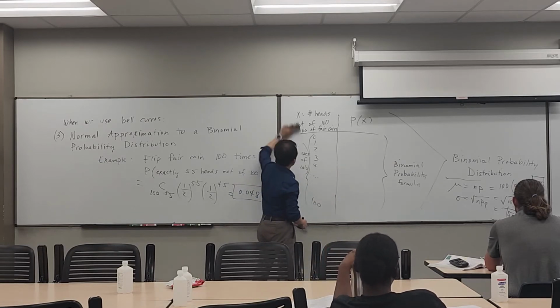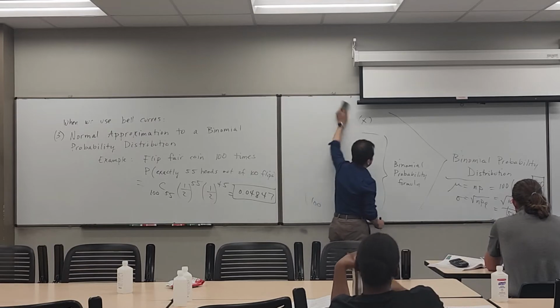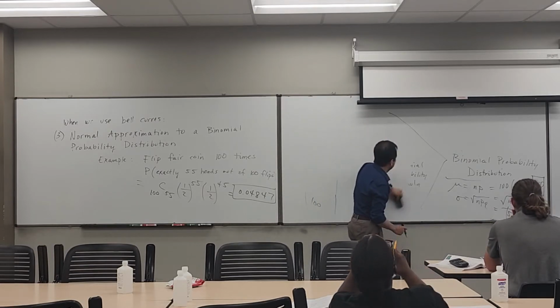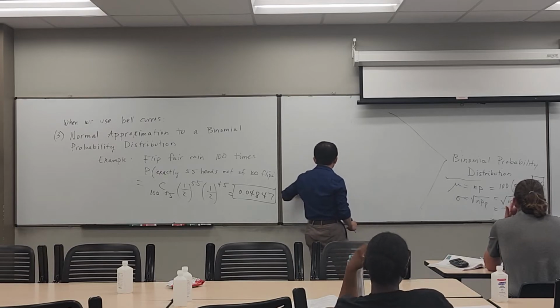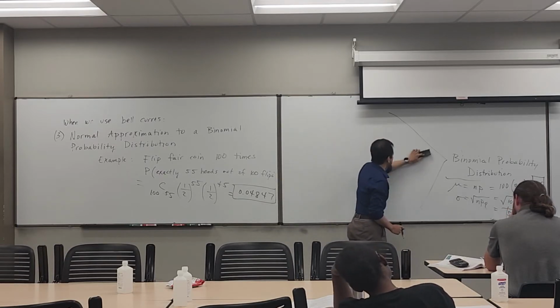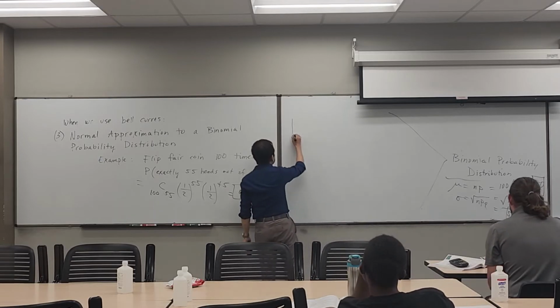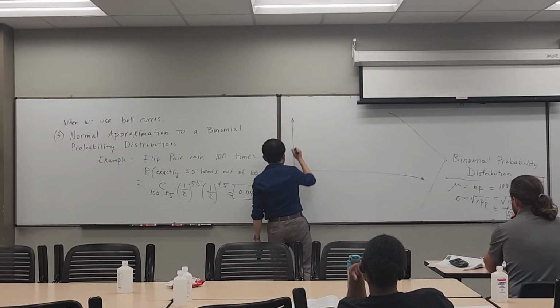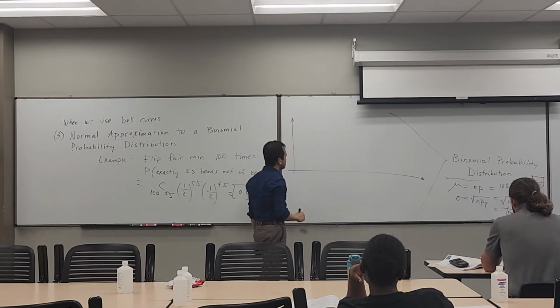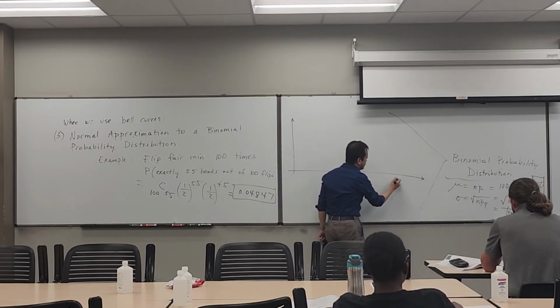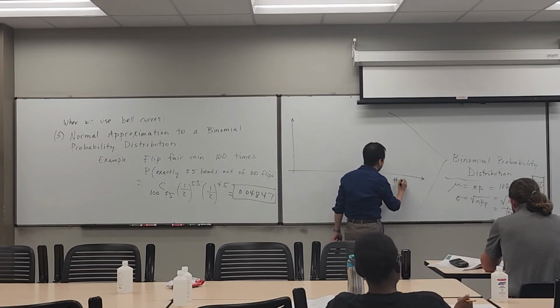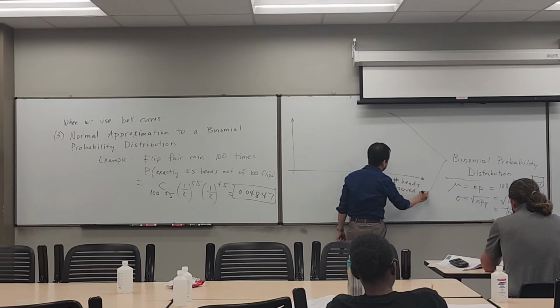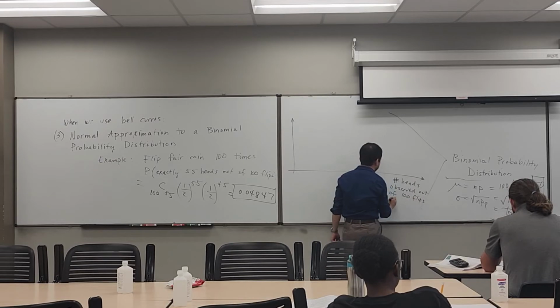So let's look at the graph. Again, on the x-axis, the variable involved is the number of heads observed out of 100 flips of a fair coin.